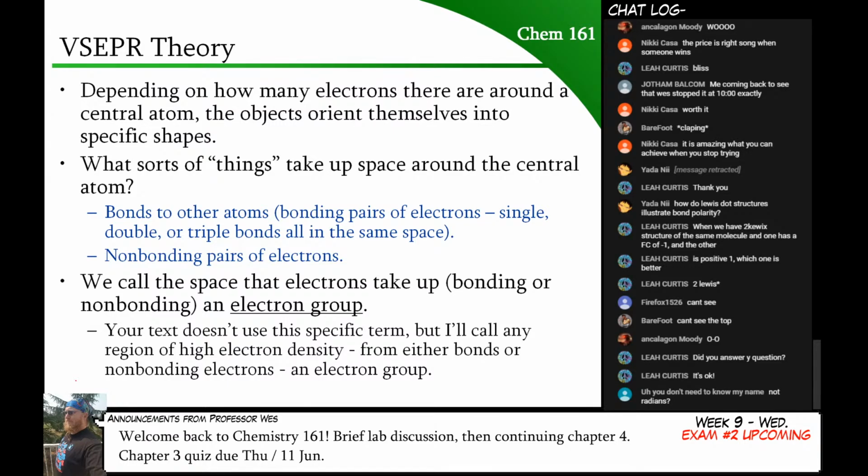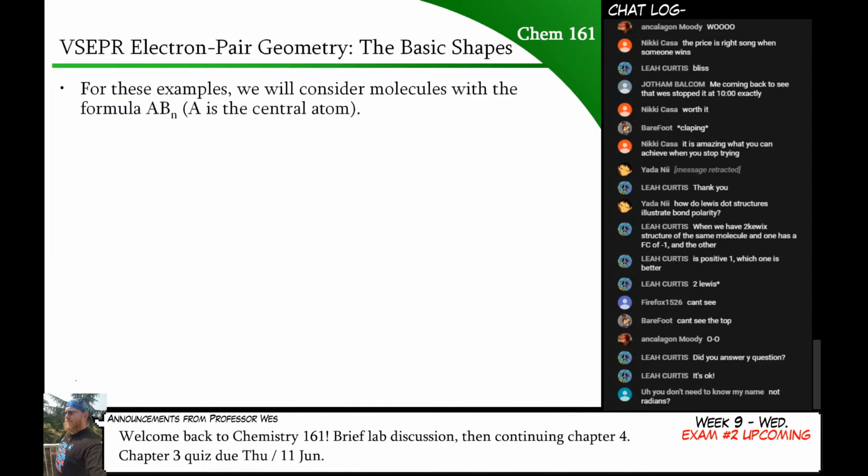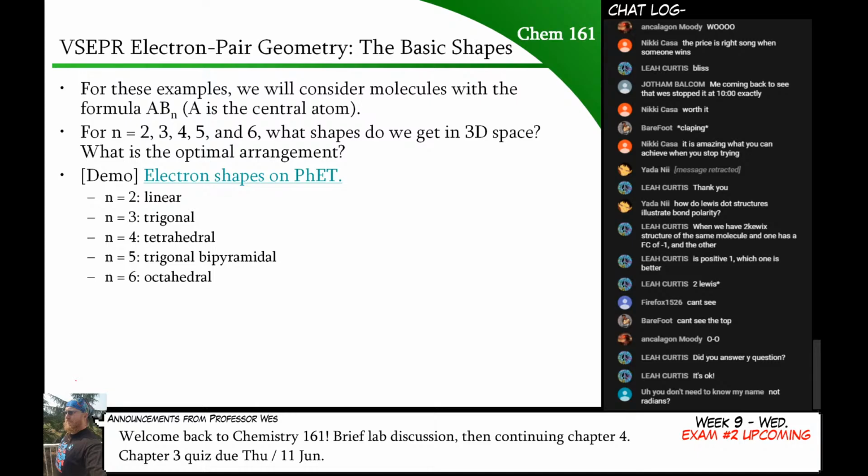So our first task to figuring out the geometry of a shape is to count the number of electron groups around a central atom. And so what you'll have to do is draw the Lewis structure, and then identify the number of groups around the structure that you drew. All right. And the way that we're going to do this is we're going to click on the PhET simulator, which I am going to post the link for, because this is super awesome.